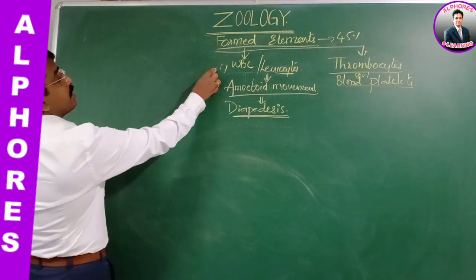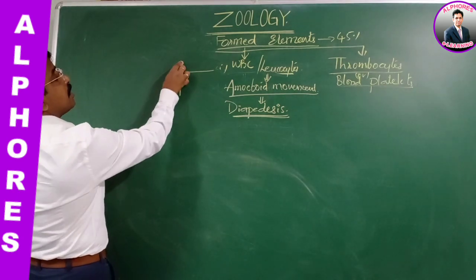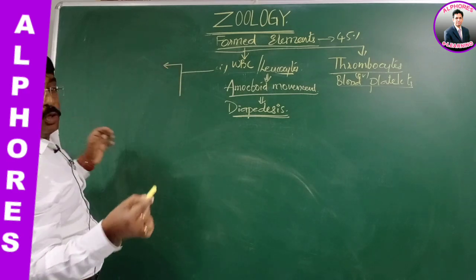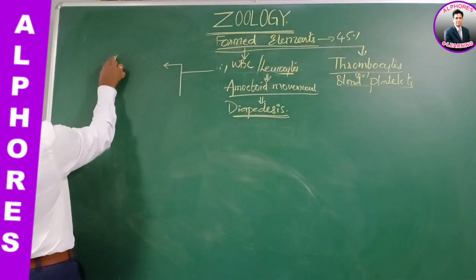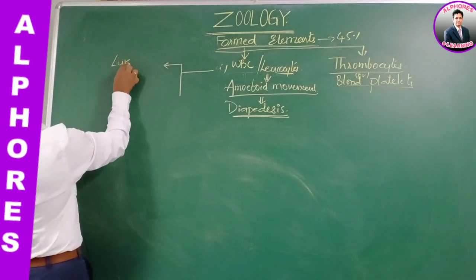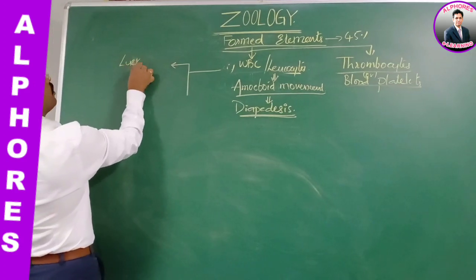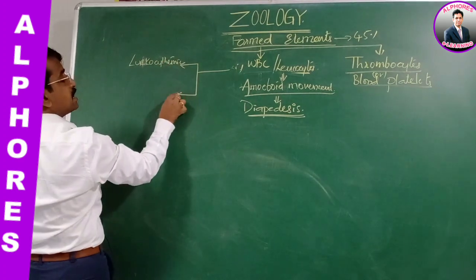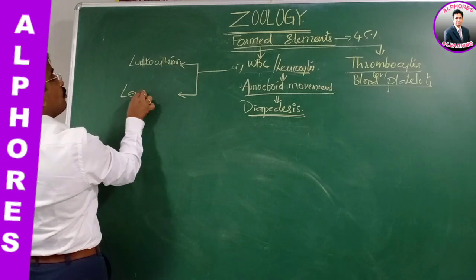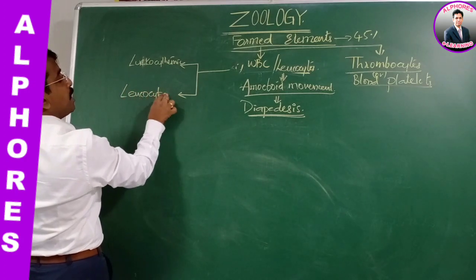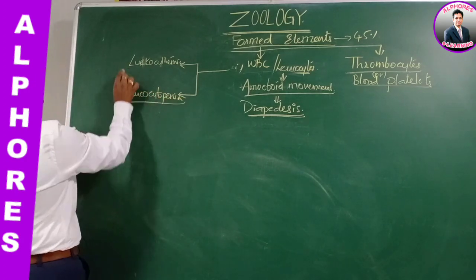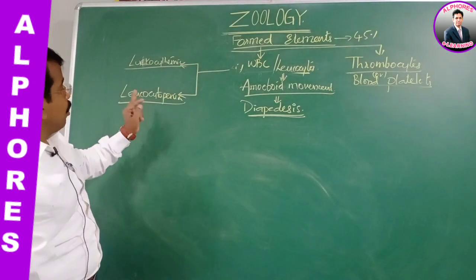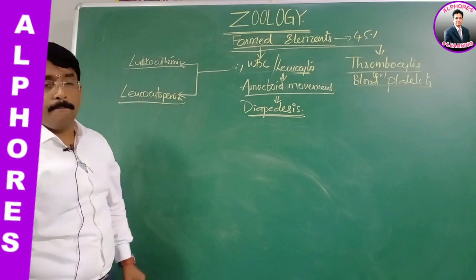Here, an increase in the number of WBCs is leukocythemia, and a decrease in number is leukocytopenia.